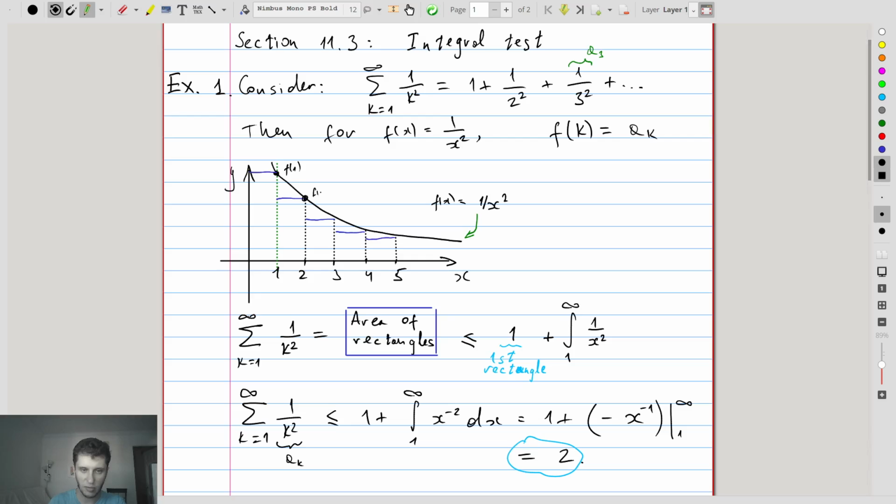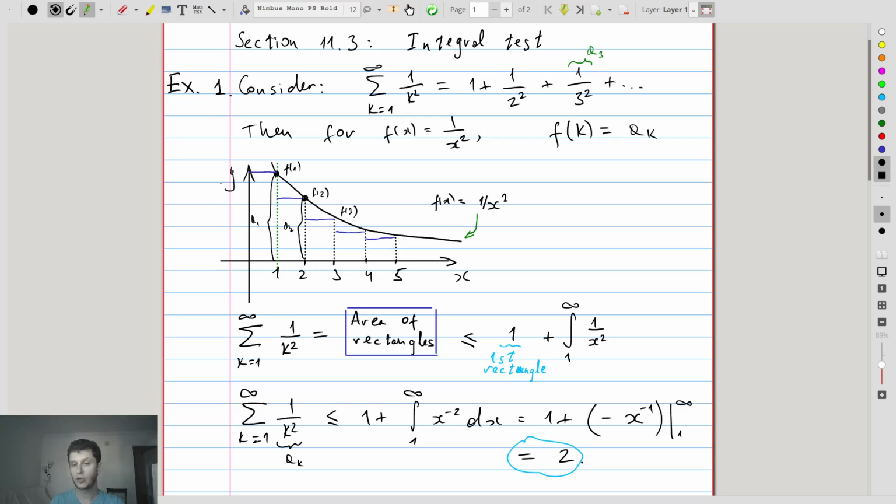This must be f of 2, and so on. So the heights are given by the values of f at positive integers. In other words, the heights of these vertical lines, these dotted lines, are precisely a sub k. So this height is a1, this height is precisely a2, and so on.